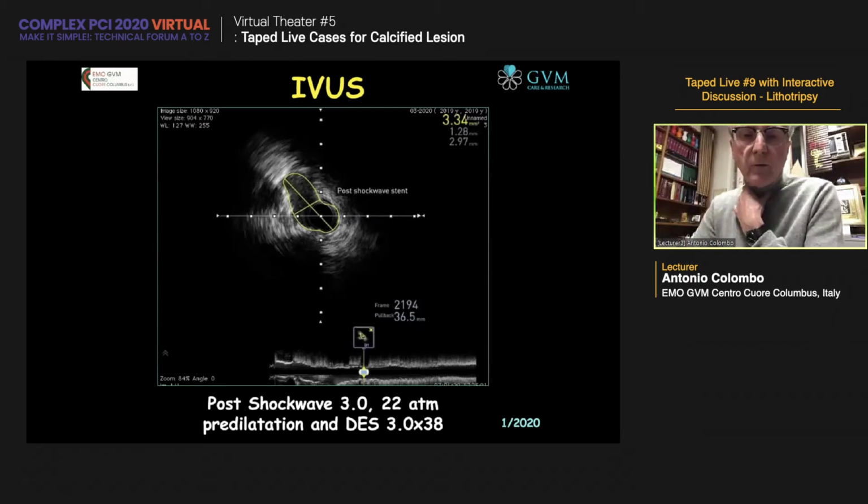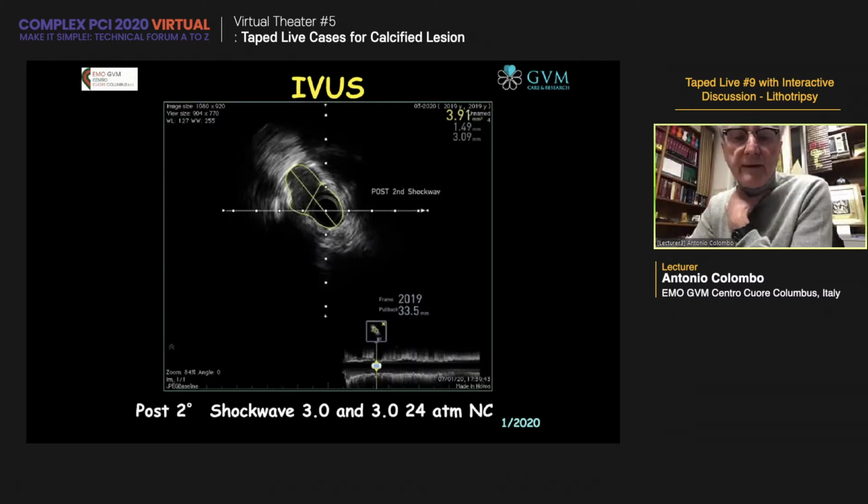This is one example. This is a post-shockwave Trio, then following 22 atmosphere pre-dilatation and implantation of a Trio drug-eluting stent. You see very asymmetric lumen, as I showed before. Then we repeated a second shockwave, and then we repeated a non-compliant balloon at 24 atmospheres.